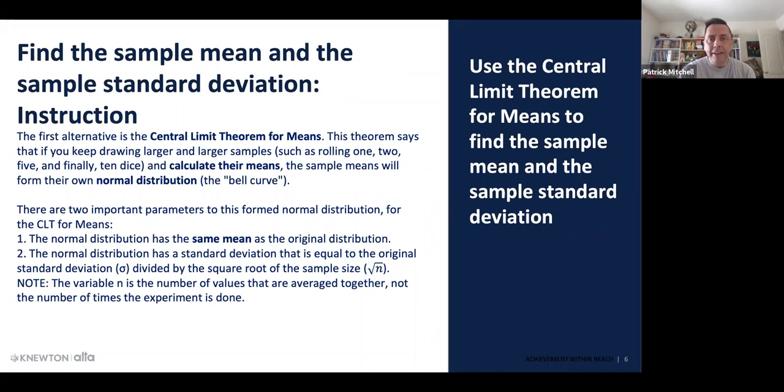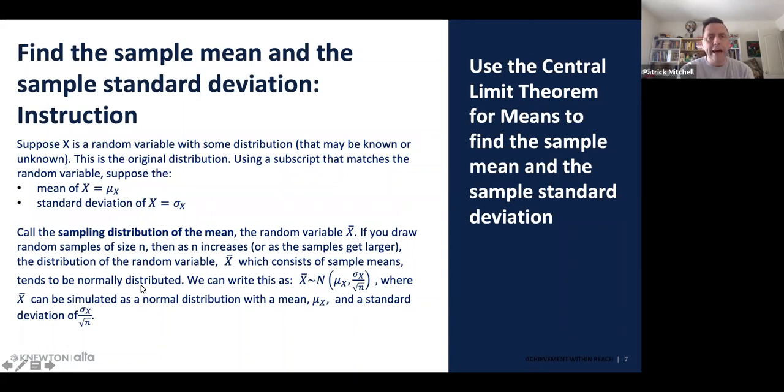Its standard deviation, though, will be smaller. If the standard deviation of the original distribution is sigma, then the standard deviation of the sampling distribution will be sigma divided by the square root of n. So the larger your samples are, the smaller that standard deviation is.